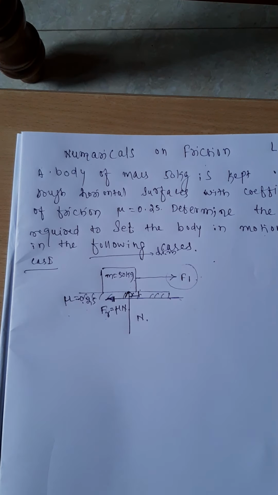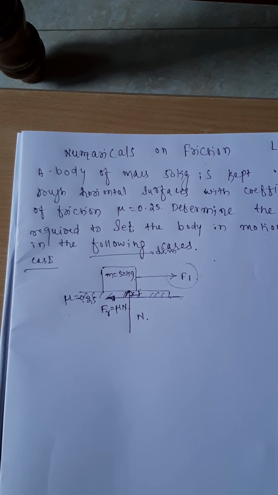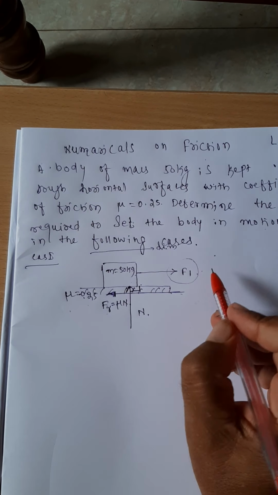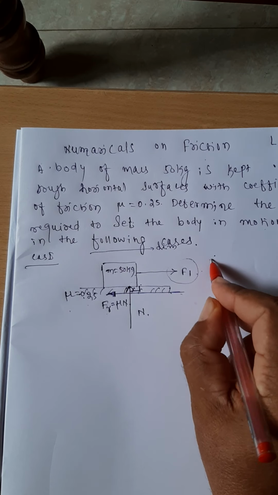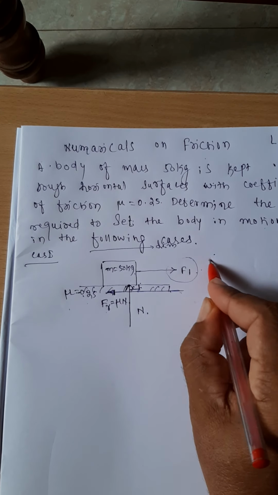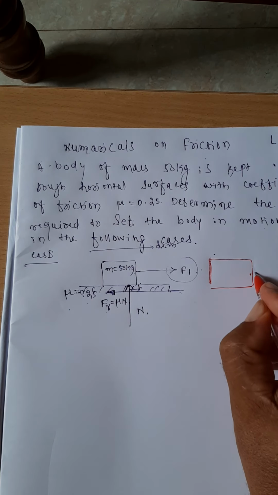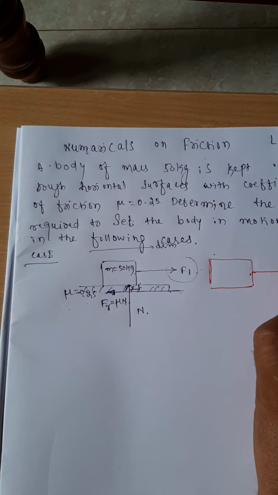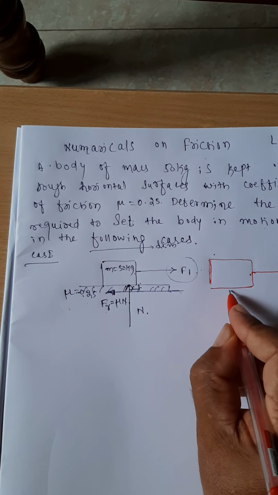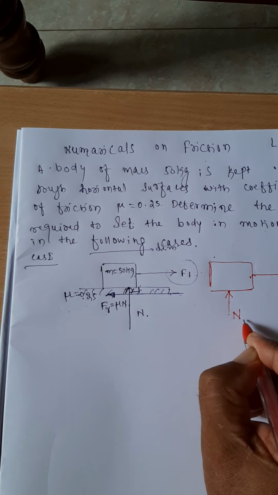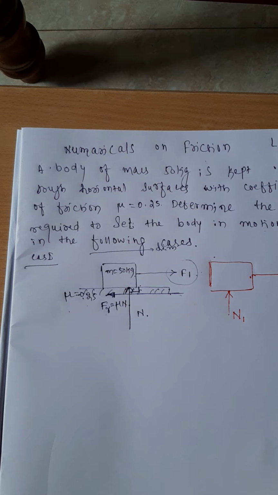So if I draw the free body diagram, can you imagine how it may appear? Just see carefully here, as this happens to be the first problem. Here this is the block. On the block, you are applying a force F1. You are removing the surface. On the surface, one force acts perpendicular to the surface, which we call the normal reaction.